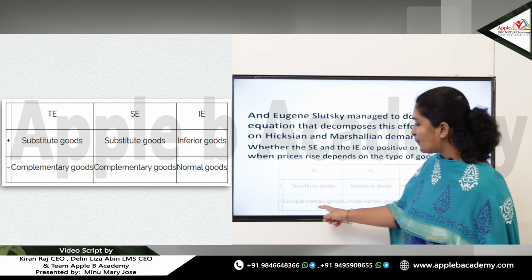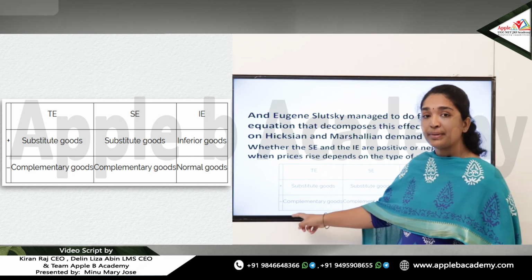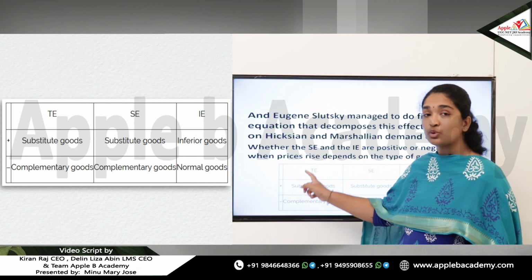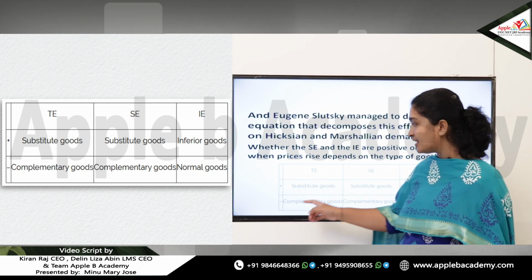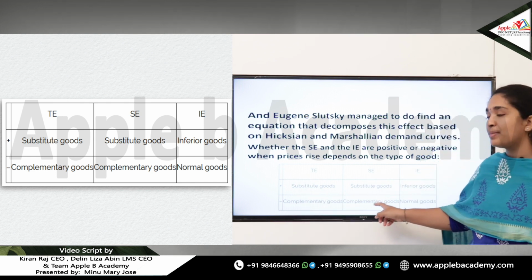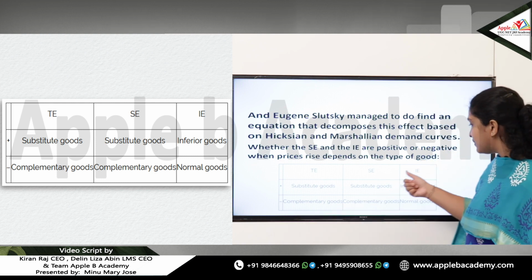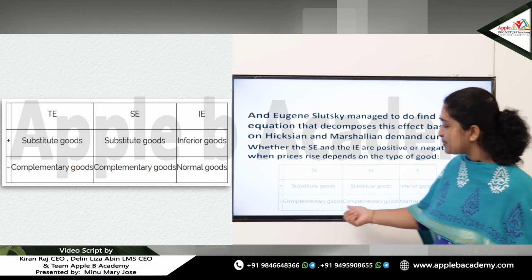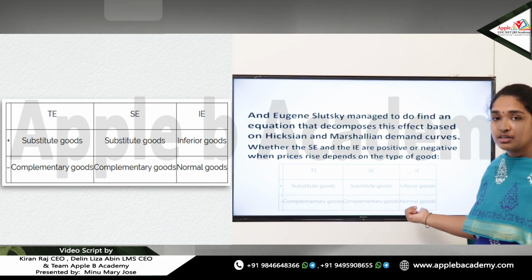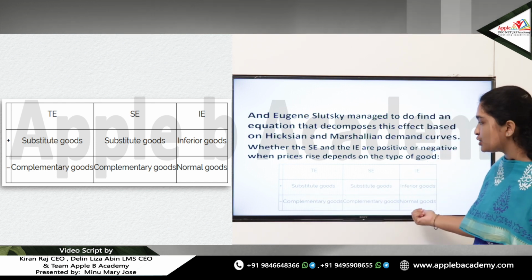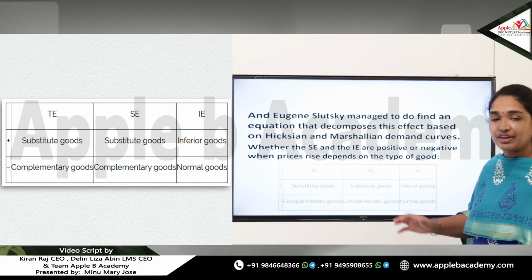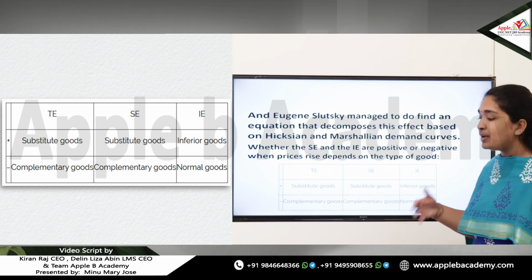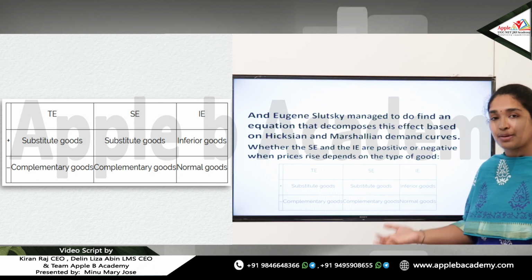And considering complementary goods, the total effect would be negative, while the substitution effect for complementary goods would again be negative, while the income effect for normal goods will always be negative. This is what we need to keep in mind when we discuss Slutsky's substitution effect.